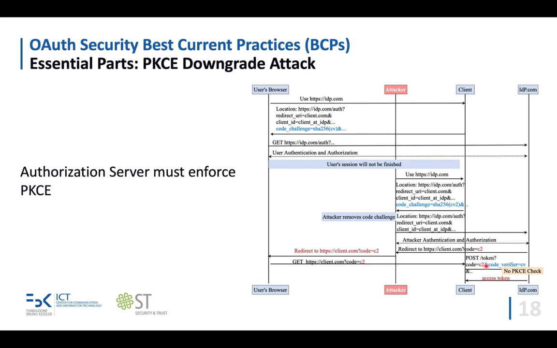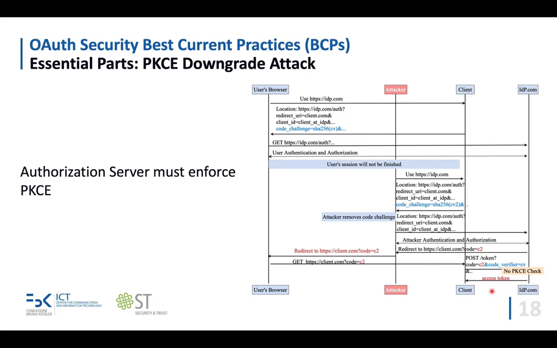As this code does not point to any code challenge, there will be no PKCE check, and the client will receive an access token that belongs to the attacker's resources, so it will connect the attacker's session to the client.